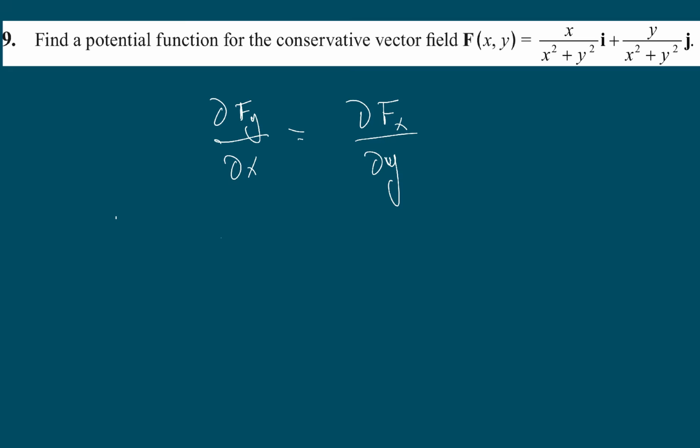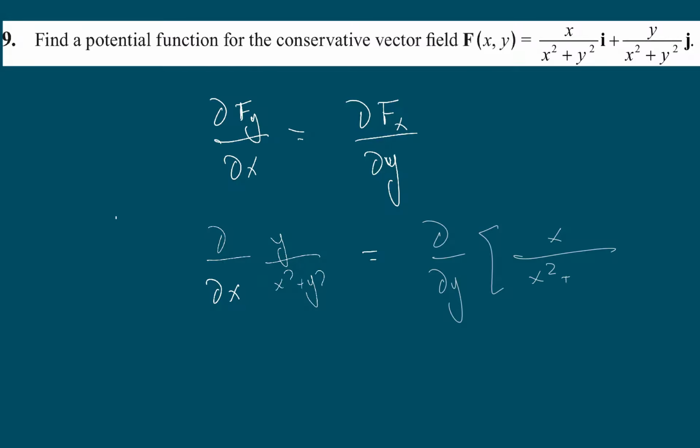Or in other words, the derivative with respect to x of y divided by x squared plus y squared should be equal to the derivative with respect to y of the x component of the vector field, which is x divided by x squared plus y squared.